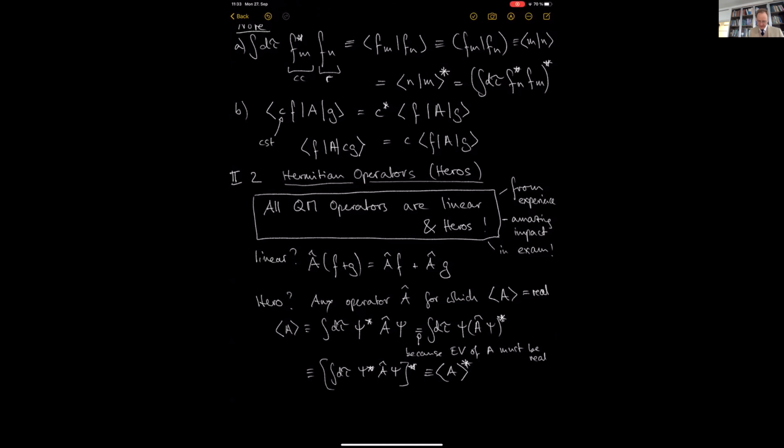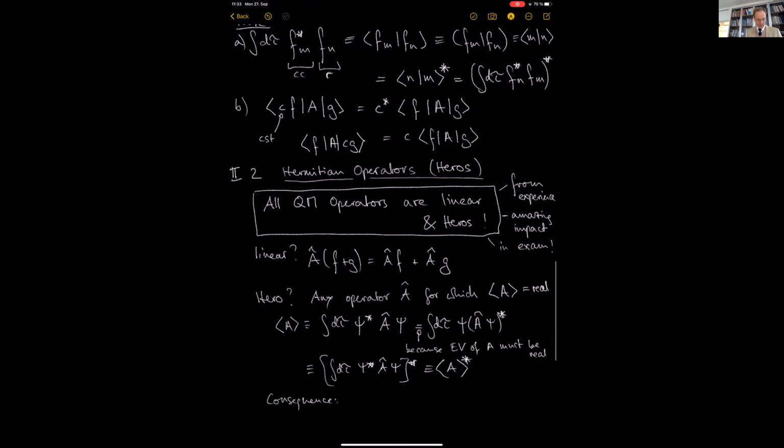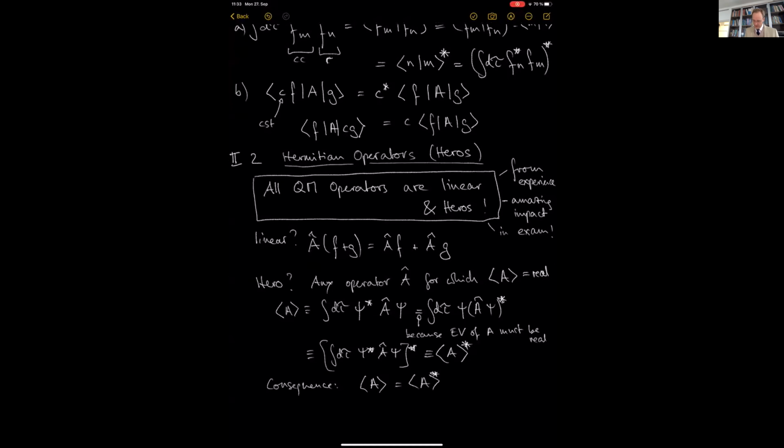So as a first consequence of the eigenvalue being real, the expectation value must also be real, meaning it's the same as for the complex conjugate. Okay. Now, this is a consequence of the definition we've had, and this is not the definition itself. The definition is that it has a real eigenvalue. Okay.